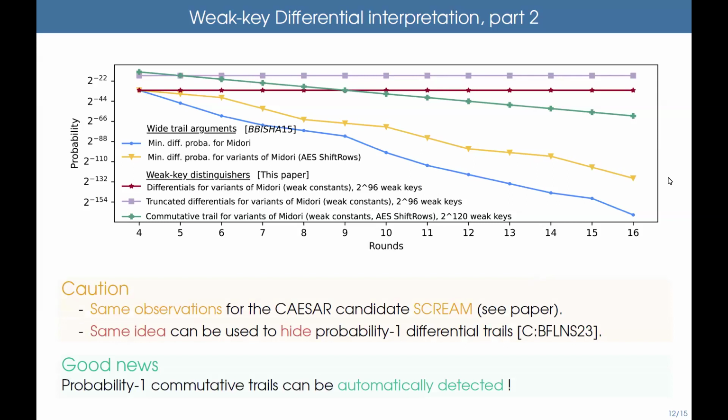In our study, we also show that the Scream cipher, which was a candidate at the CAESAR competition, also has this kind of behavior. And this probability 1 commutative trail has already been used to hide probability 1 differential trails in a previous paper. But the good news of our paper is that we are able to automatically detect this kind of probability 1 commutative trail algorithmically.